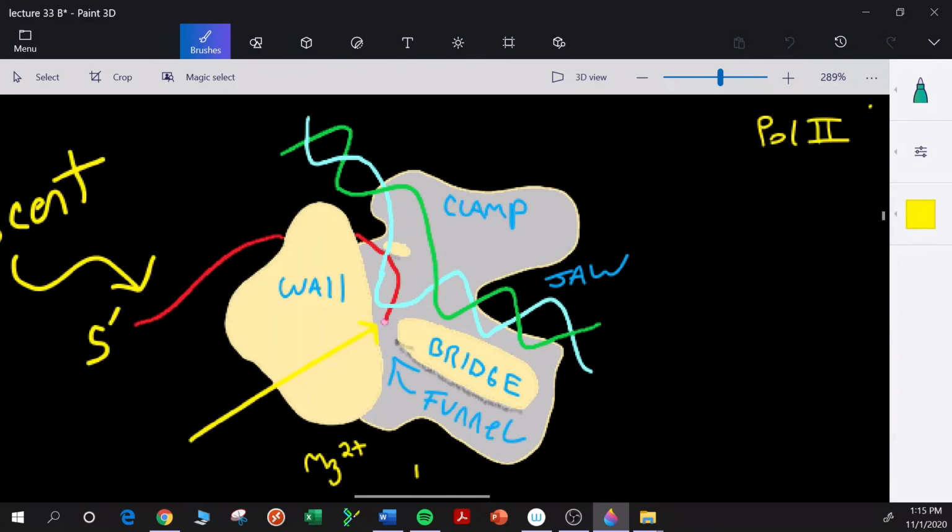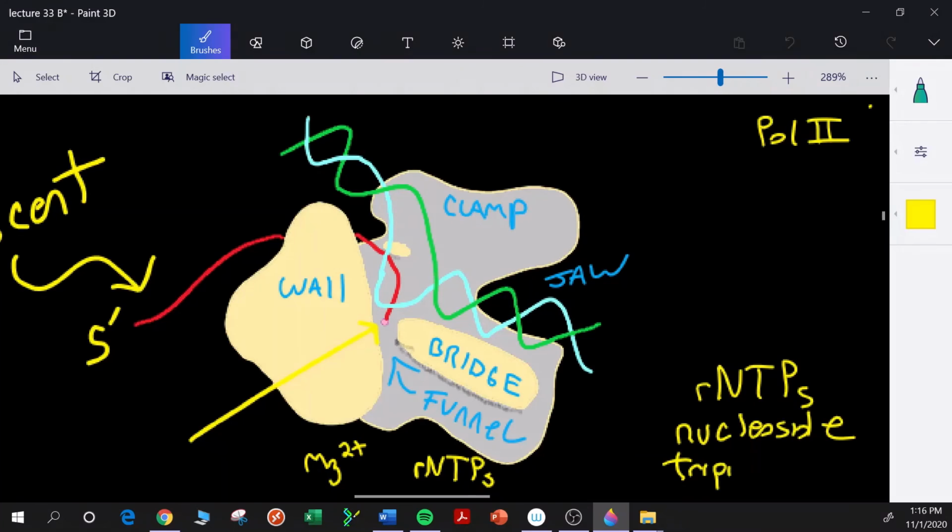So I'm going to put rNTPs, right? Because these aren't dNTPs, deoxyribonucleotide triphosphates. These are rNTPs, ribonucleoside triphosphates, right?